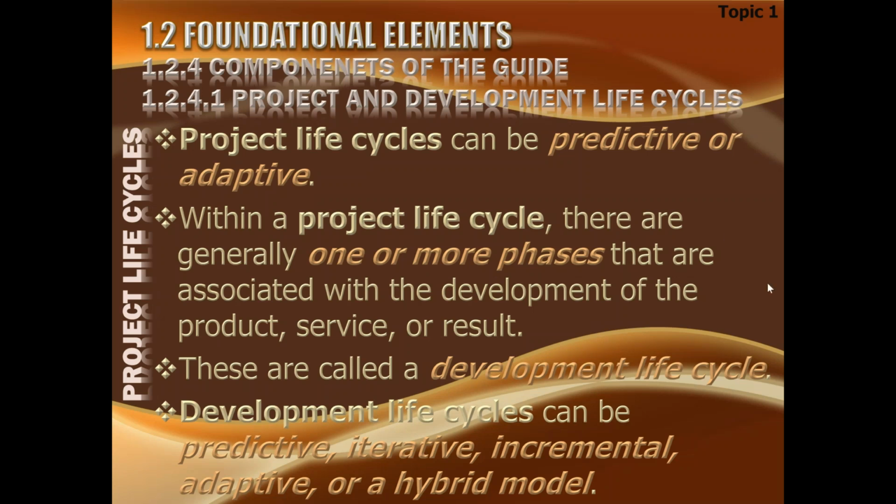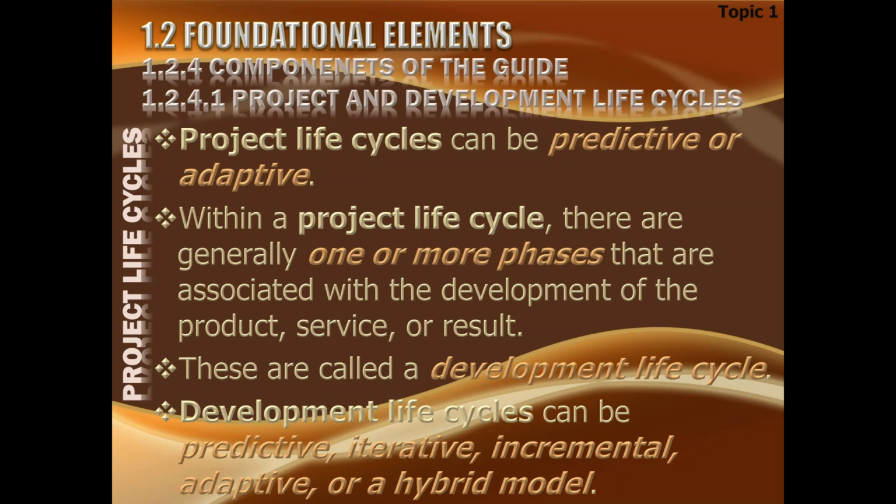Within a project life cycle, there are generally one or more phases, as we have already discussed, that are associated with the development of the product, service, or result. Now, within each phase, how you will develop your output will be defined by the development life cycle. So within the phase, whatever you do is your development life cycle.